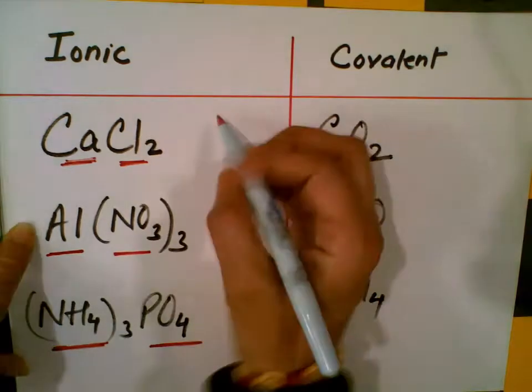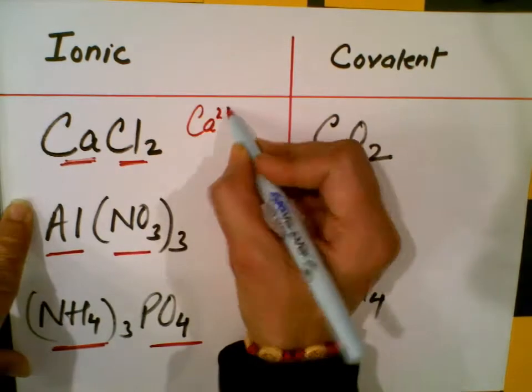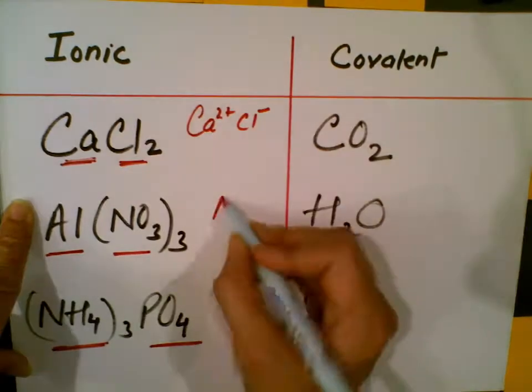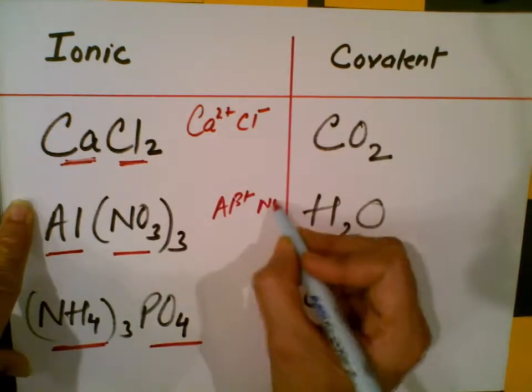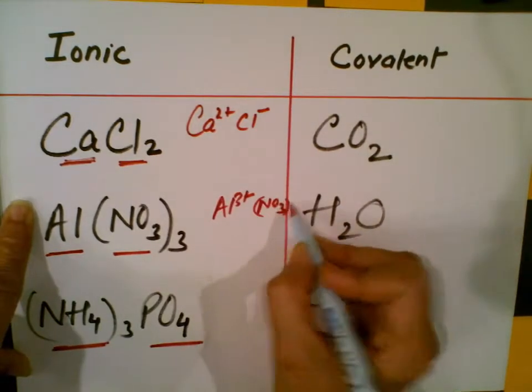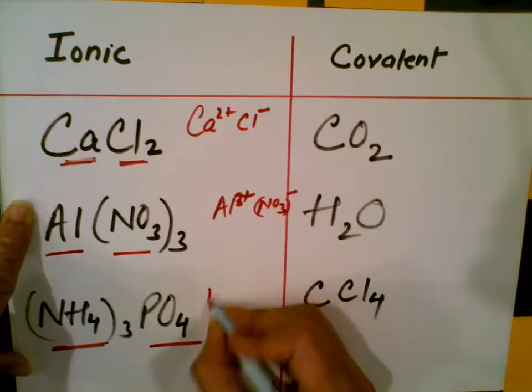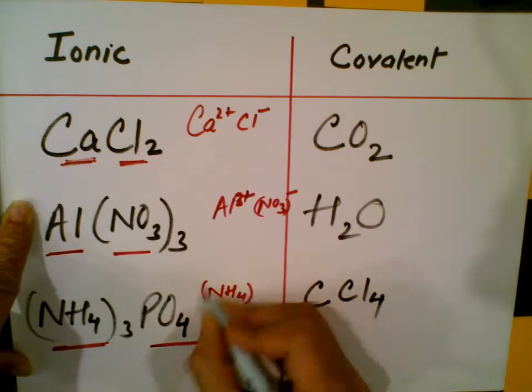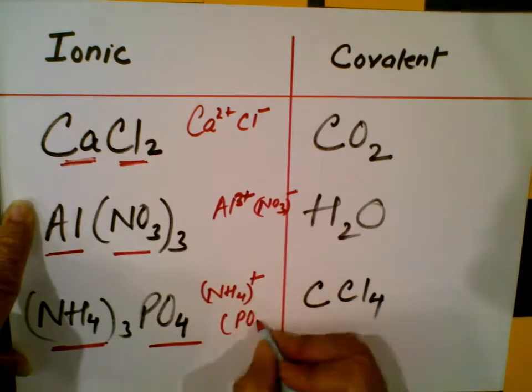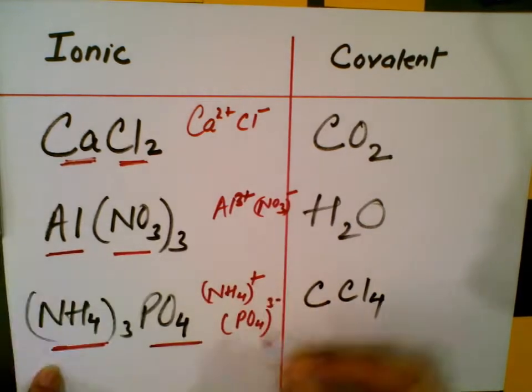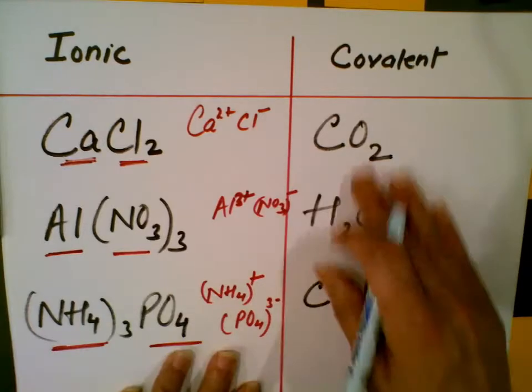And so that's how it is going to be real quick. And this will be aluminum and nitrate ion, and this one ammonium positive and phosphate negative.